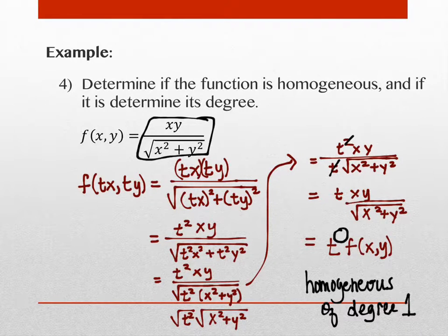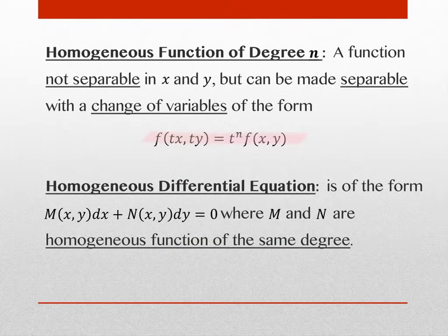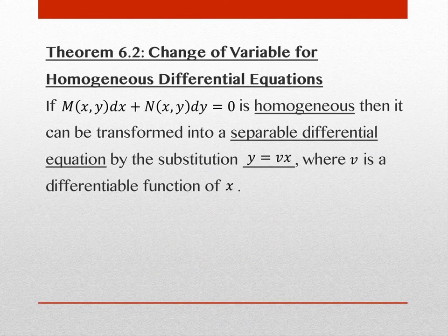Okay, so that's how we determine if something's homogeneous. The other part of the definitions that I gave you told you what you would do in order to use a homogeneous differential equation. So, we're talking about change of variable next.